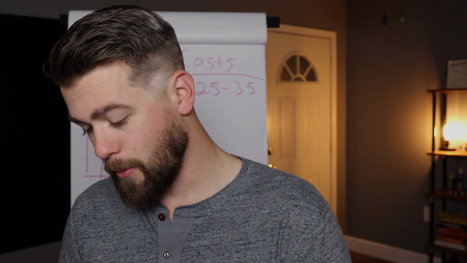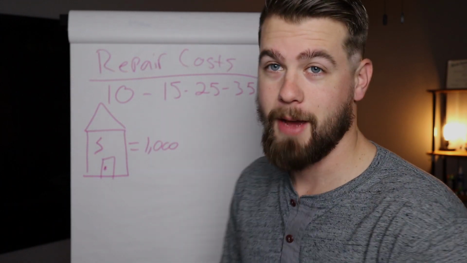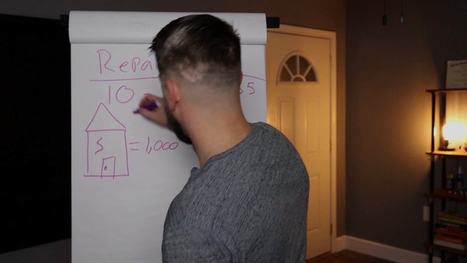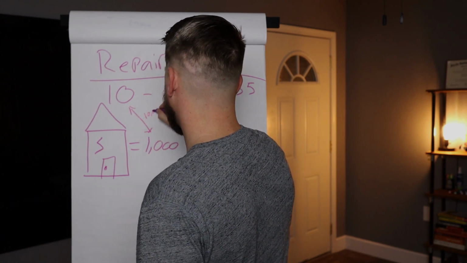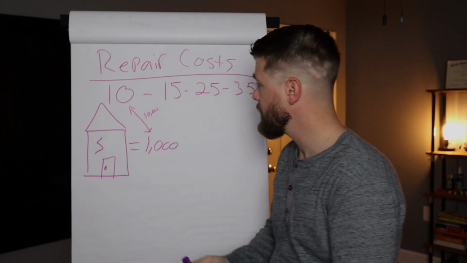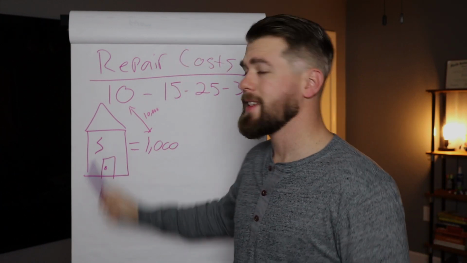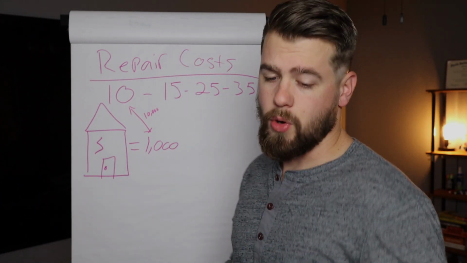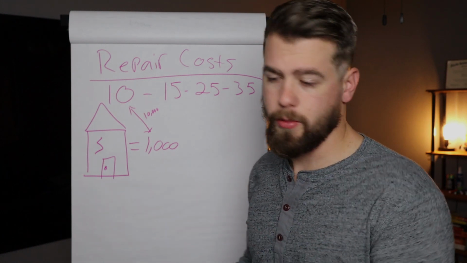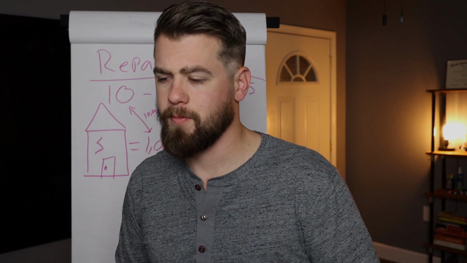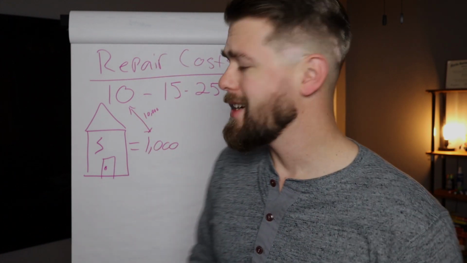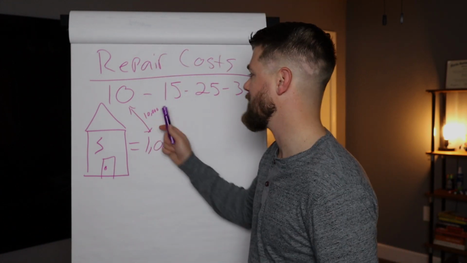It's 10,000. Yep, 10,000. Okay. So we can assume, if this needs doorknobs, paint, maybe a little bit of drywall work, a little bit of a grouping of different things, and I'll explain it more in a second, it's going to cost us about 10 grand.